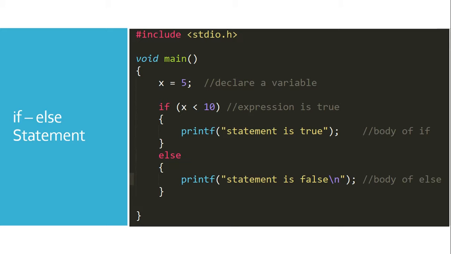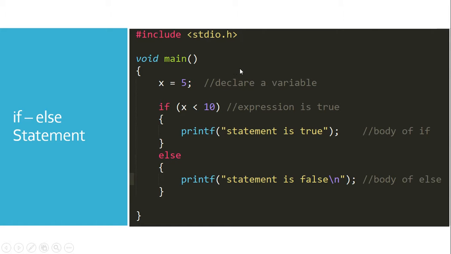All right, so x equals 5. So if x is less than 10, the expression is true, right? So then it would go to the first statement under the if. So if x is less than 10, the print statement says true. If it's not, the statement is false.